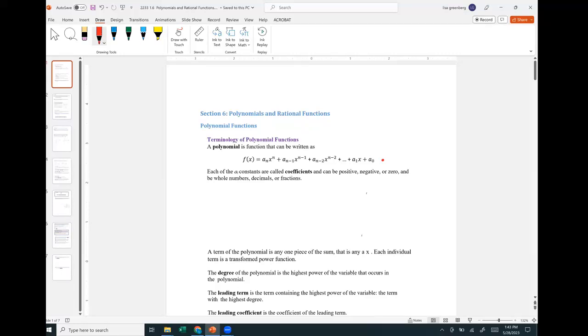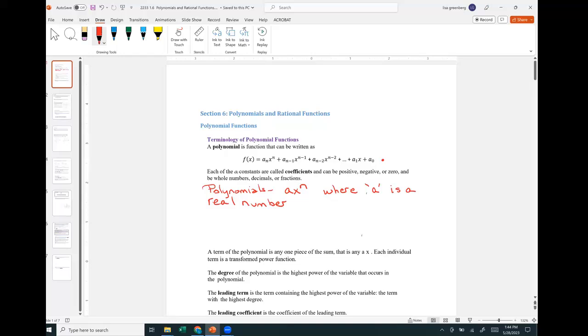So first of all, polynomials are always of the form: each term is of the form ax to the n, where a is a real number. Basically, everything is a real number that you will have to deal with.